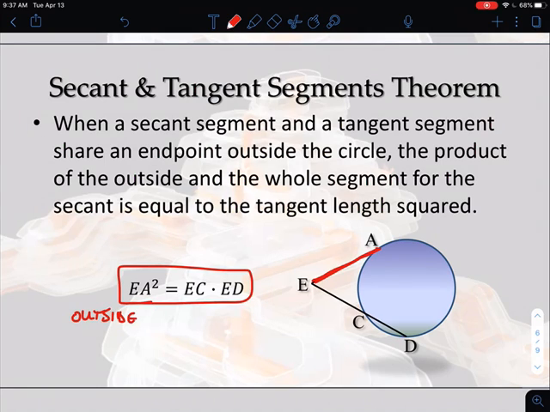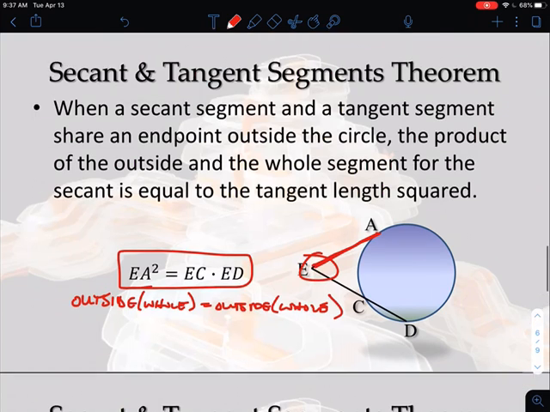I have an angle on the outside, so they're intersecting out here at point E. So I'm going to take the outside times the whole thing is equal to outside times the whole thing. So it's always outside times whole equals outside times whole.